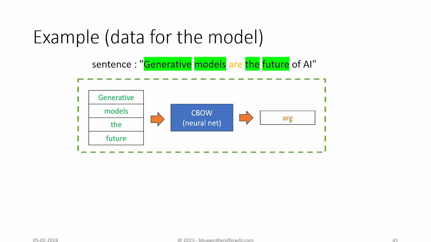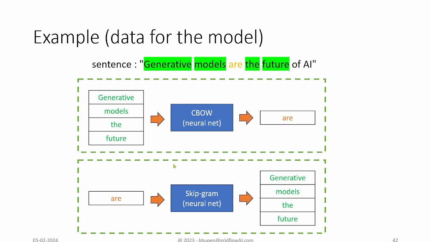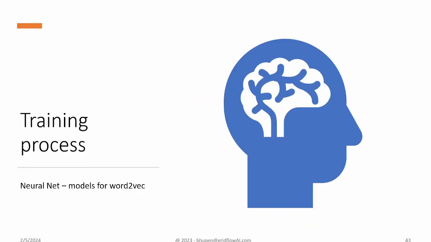And just the opposite in the skip-gram, we are using the target word as input, and using that, we are predicting the surrounding words. Both of the architectures are quite good in terms of performance and functionality.